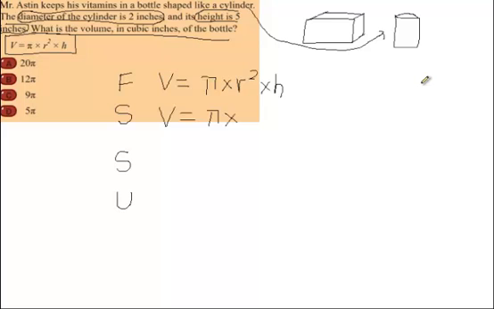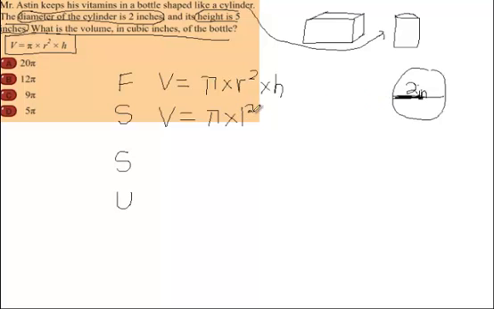And the diameter, as you know, if this is the center point, the diameter would go right directly through the circle. And that says the diameter is 2 inches. So if we know the diameter is 2 inches and the radius is this point here, basically half the diameter, then the radius should be 1.